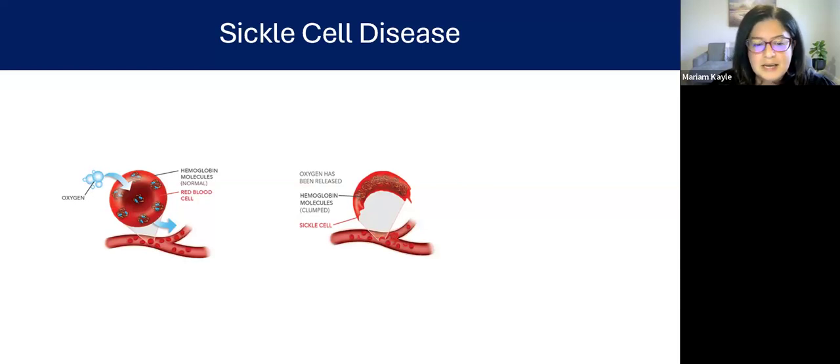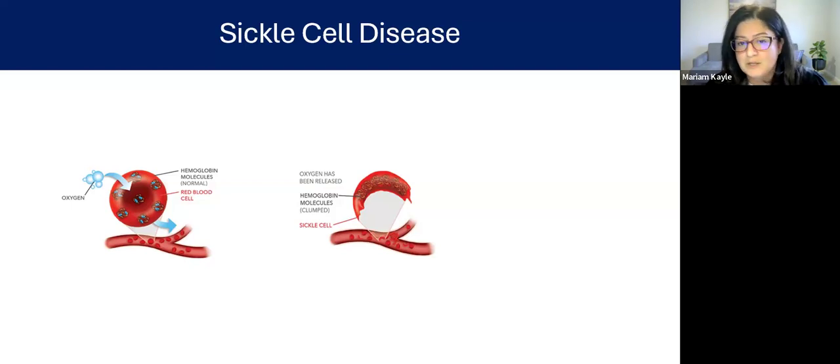And instead of this nice and round and flexible red blood cell that you see on the left, you end up under certain circumstances such as stress, hypoxia, with sickling of that red blood cell. It's also more likely to hemolyze, it damages the blood vessels, and it has a shorter lifespan. So patients end up with anemia, hemolysis, and inflammation to their vessels.